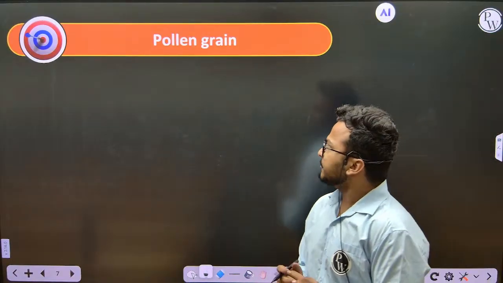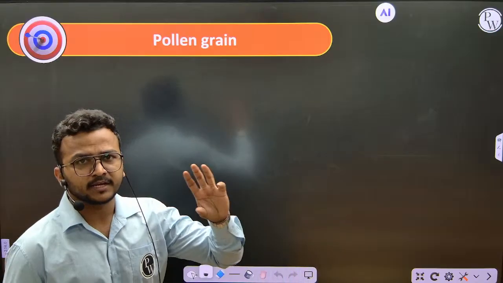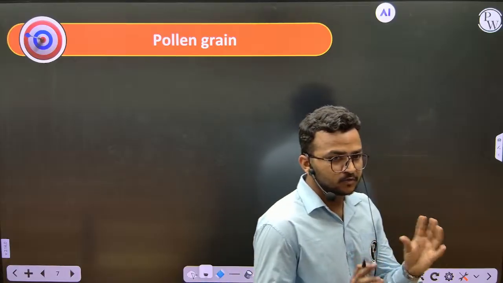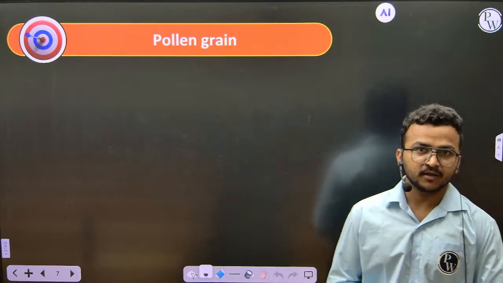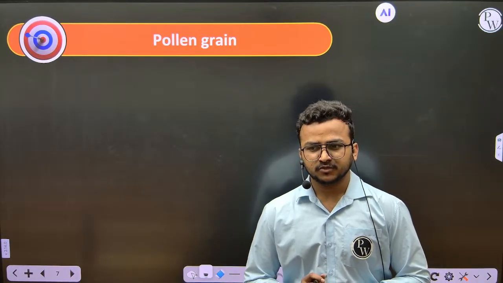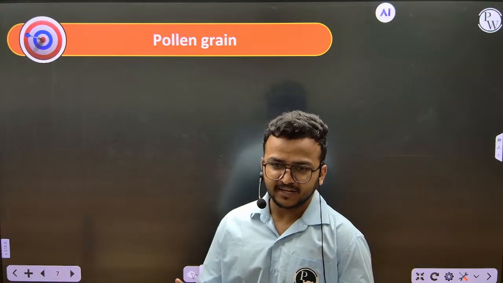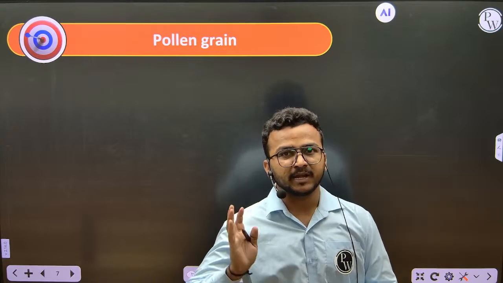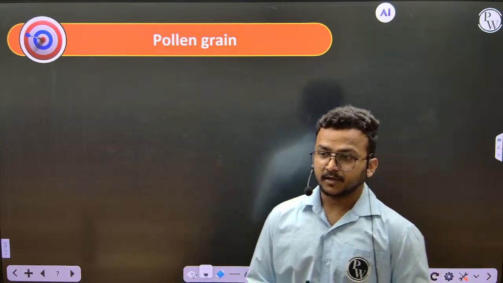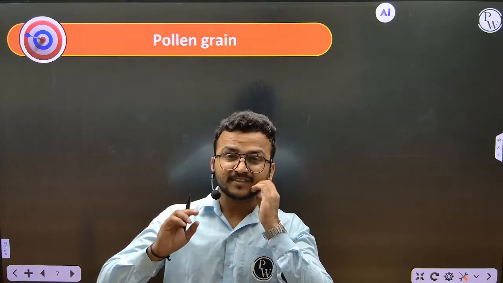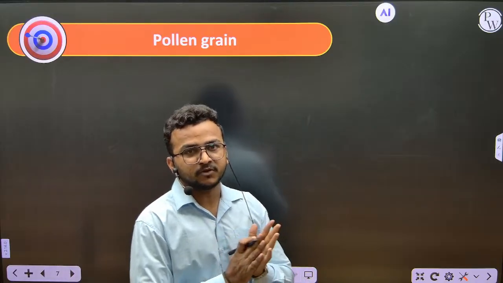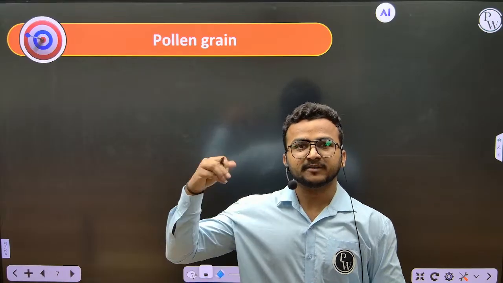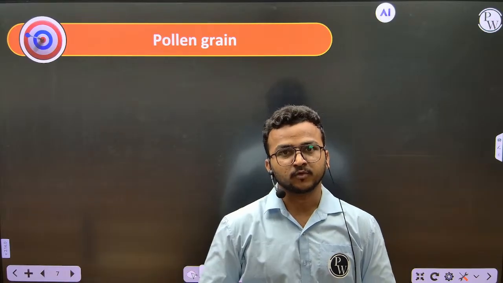And before that, we will be discussing some pollen grain allergy. See, not all pollen grains are good. Not all pollen grains are allergic in nature. If you visit the Nilgiri plantation region, or if you visit Bangalore also, you will get to know there are some seasons where the pink flowers are blooming and the yellow flowers are blooming.